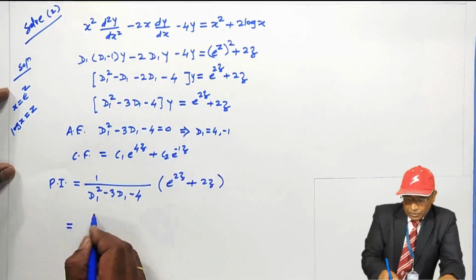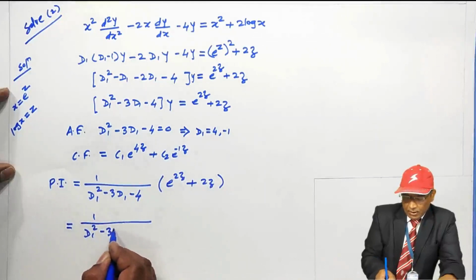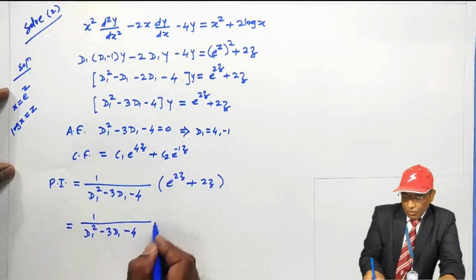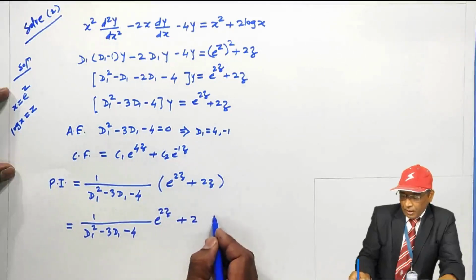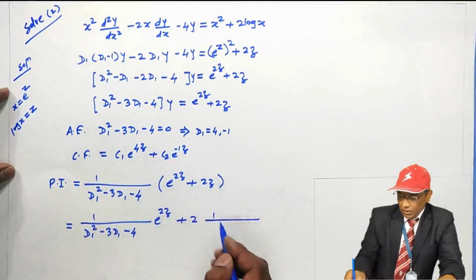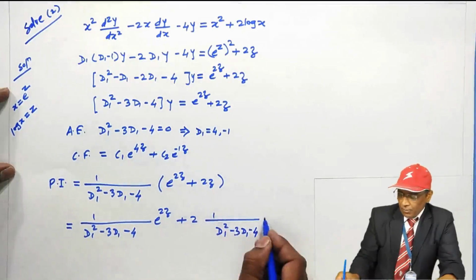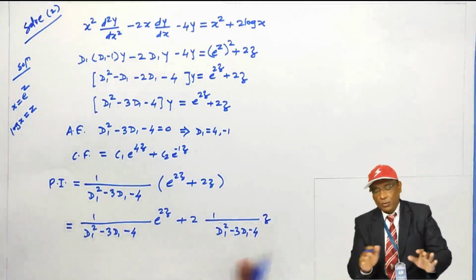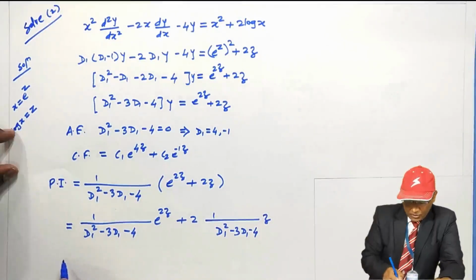Now I separate the operator D1 squared minus 3D1 minus 4 and operate on e to the power 2z, and 2 I have taken outside of the operator. Okay, that's to reduce the number of steps.